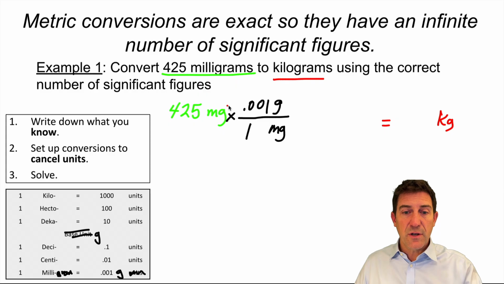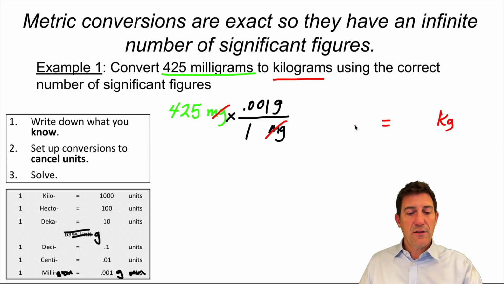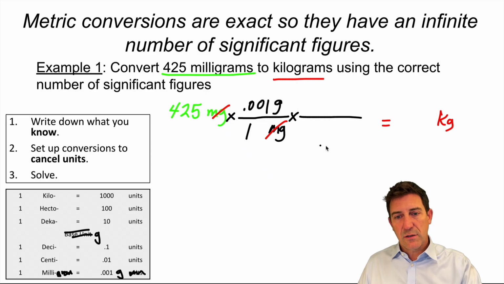Let's cancel our units. The milligrams go away because they're on opposite sides of the line, and I have grams on the top. But I don't want grams in my answer. I want it to be kilograms. So let's keep going. Number 2 over here says set up conversions to cancel units. We need another conversion because we have grams here and we don't want it in our answer. What has to go down here to cancel out those grams?